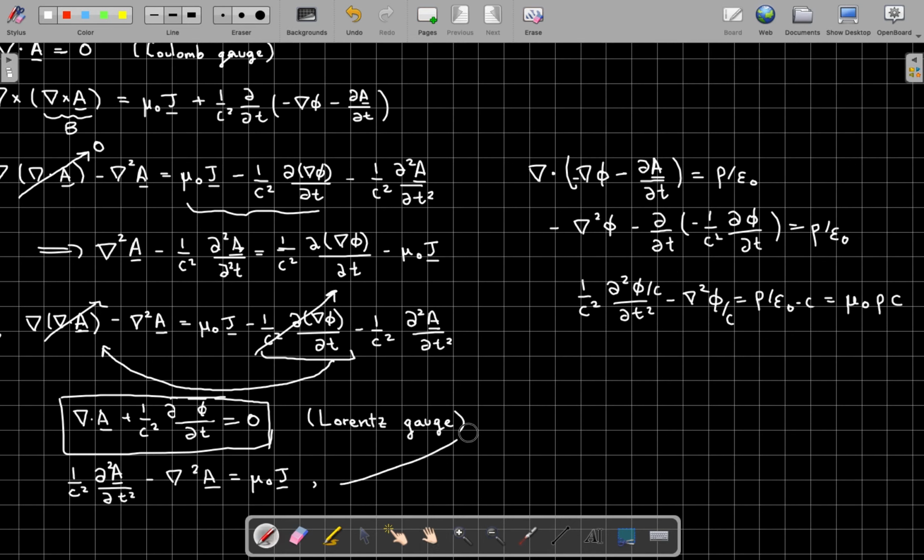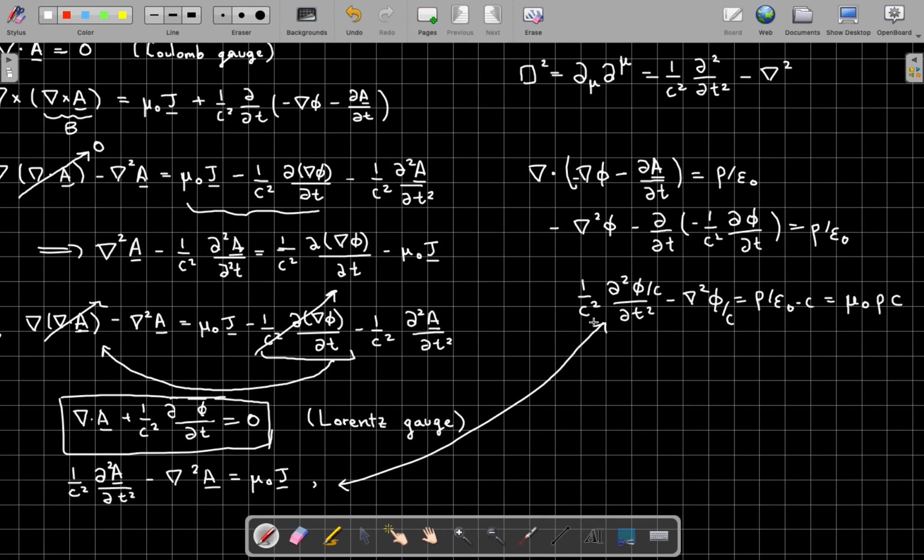And we can write them in a very nice way using relativity, using the so-called D'Alembert operator. The D'Alembert operator is just the contraction of the 4-gradient with itself. So it's easy to see that it takes the following form. Because it's a contraction of 2 Lorentz 4-vectors, it is a Lorentz scalar.